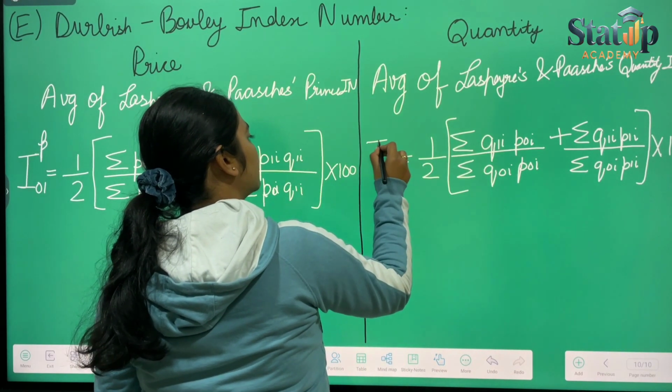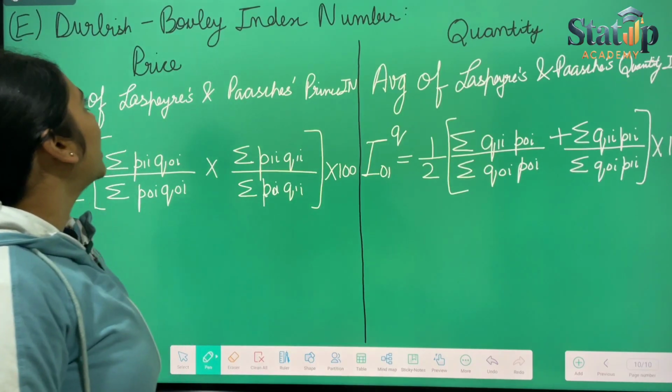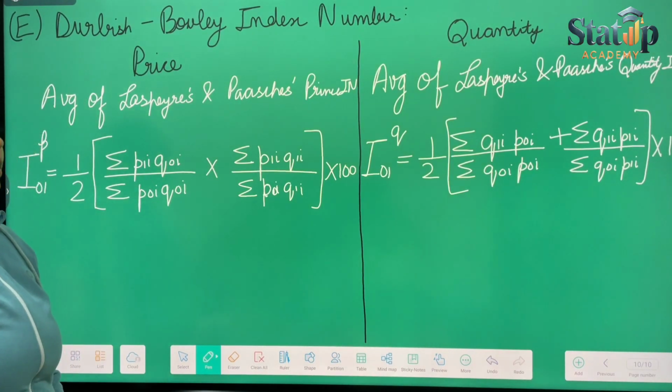So this is our Drobisch-Bowley quantity index number.